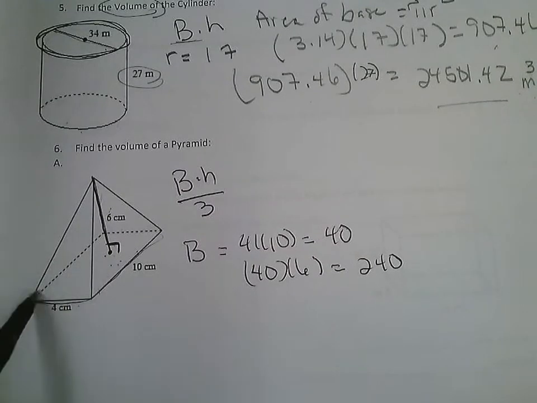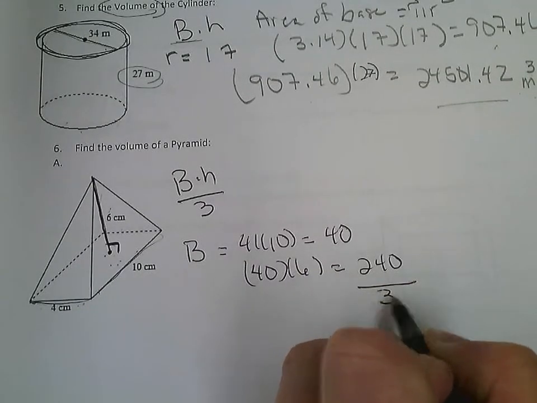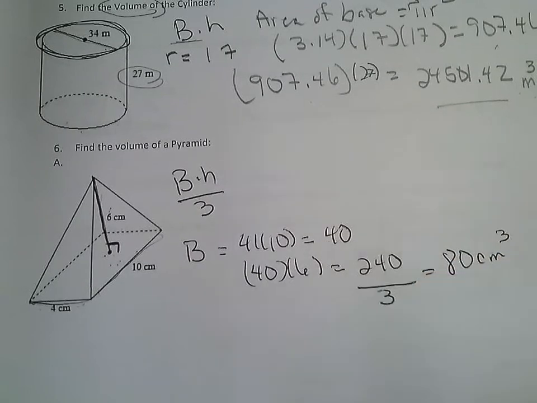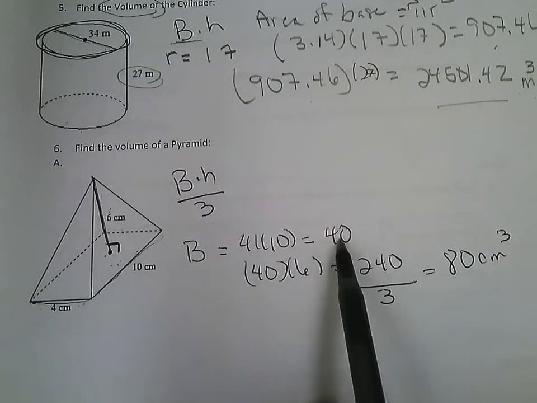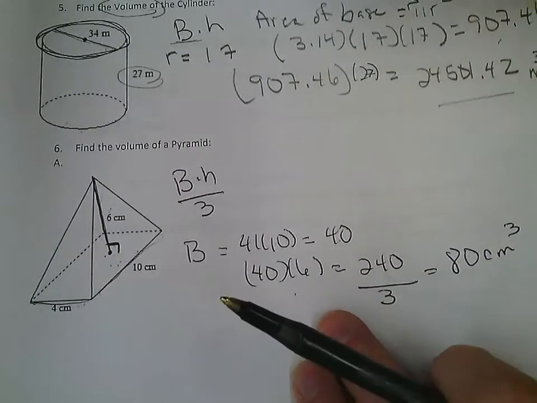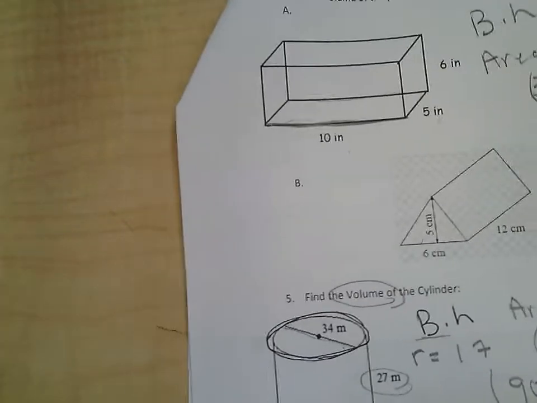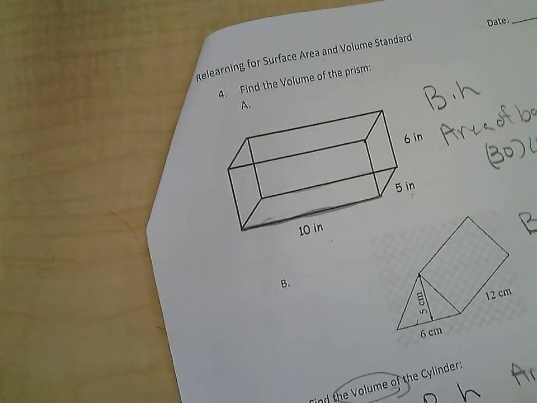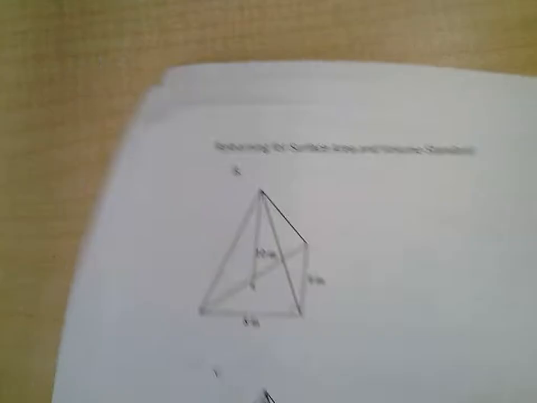Now, because we have a different shape in here, this is the one that you're going to have to memorize, divided by 3, and that gives us 80 centimeters cubed. So we take the area of the base, which is 40, times the height, and divide it by 3.